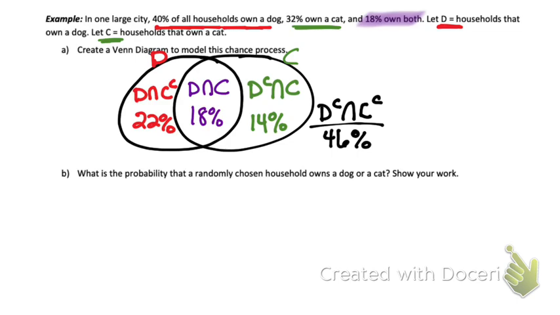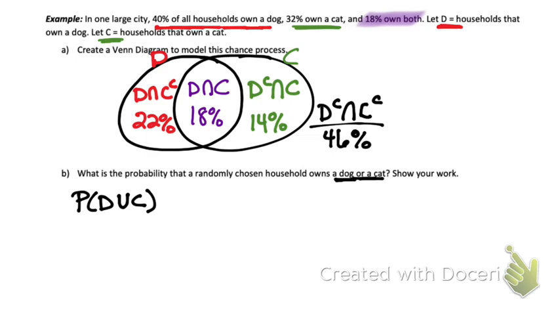Because we have a very well labeled Venn diagram, we can now answer questions. What is the probability that a randomly chosen household owns a dog or a cat? Probability of dog or cat.